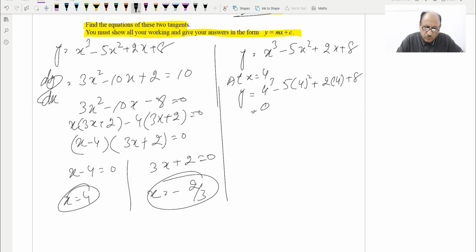So y will be 0, and our point will be 4 and 0.